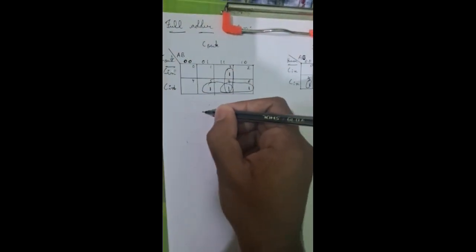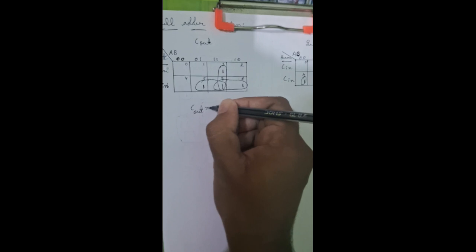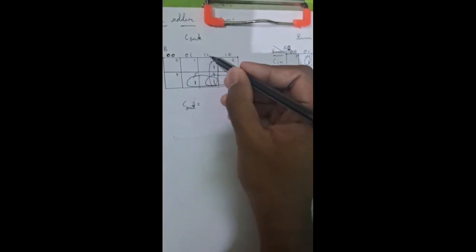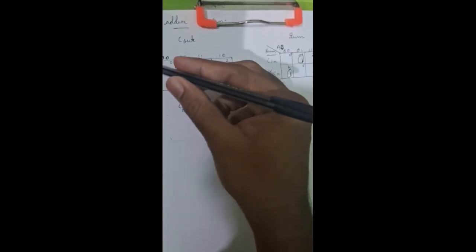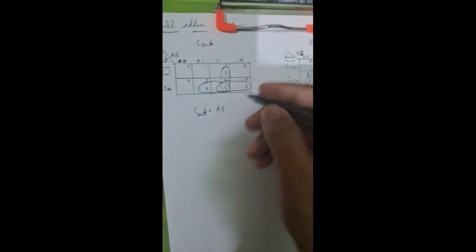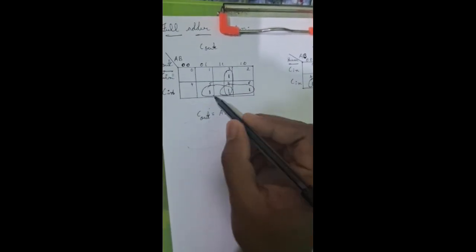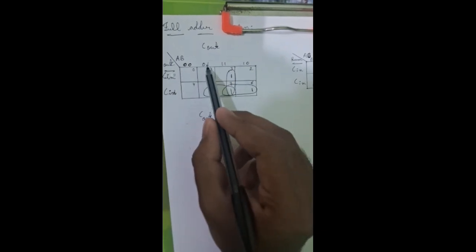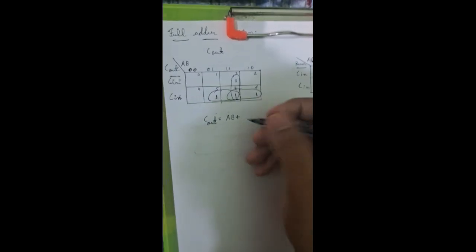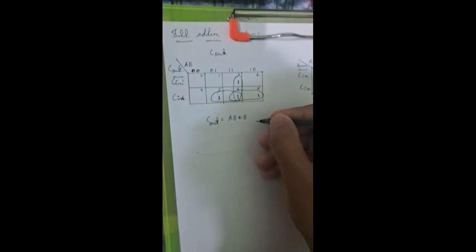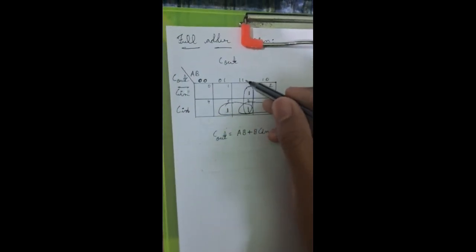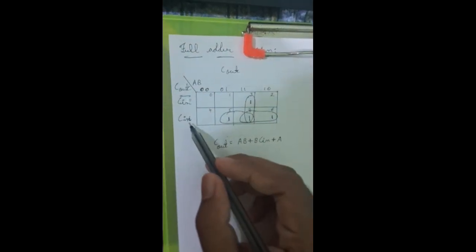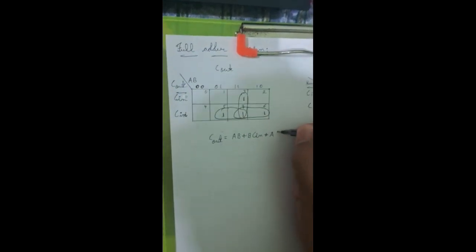For carry out, we will get the output as C out is equal to, from here A is not changing, B is not changing, so A B, and C in is changing, so we cannot take it, plus, and here A is changing, so we will not take it, B is not changing, so we will take B and carry in, plus, from here A value is not changing, so we will take A, but B value is changing from 0 to 1, and C in remains the same, so A C in.